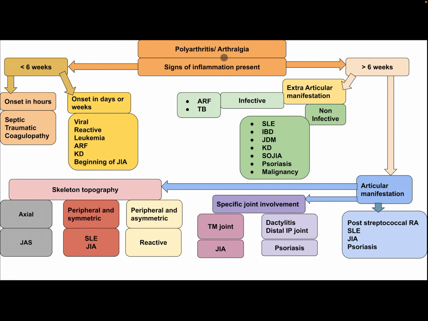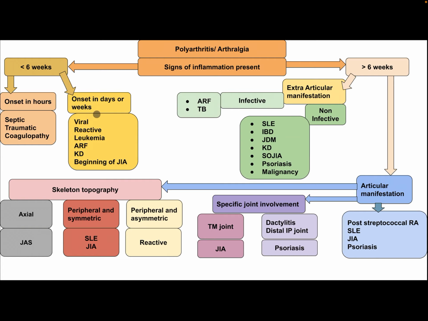If the patient has polyarthritis or polyarthralgia, are the signs or symptoms present for less than 6 weeks? If onset in hours, keep in mind septic arthritis, traumatic, or coagulopathy.